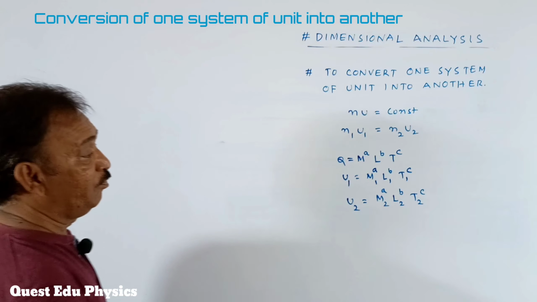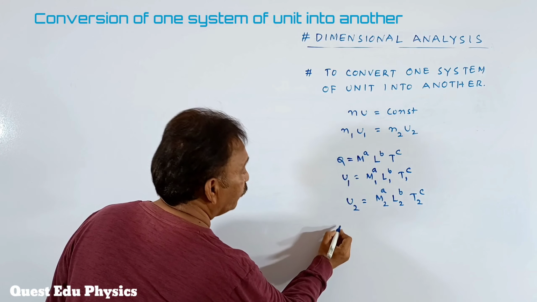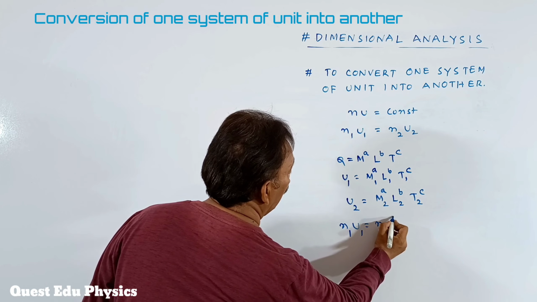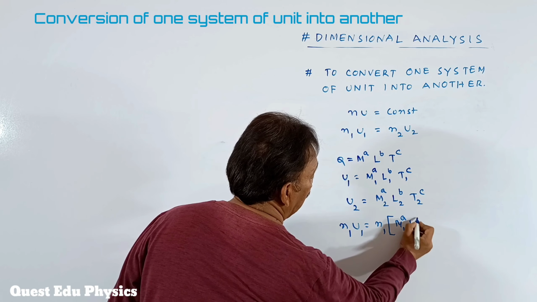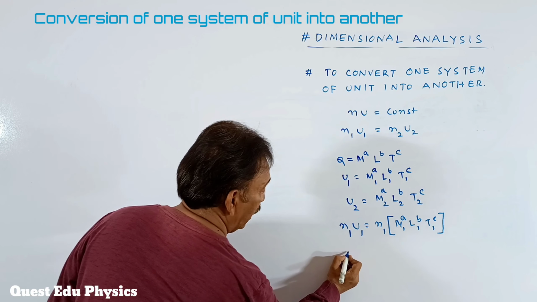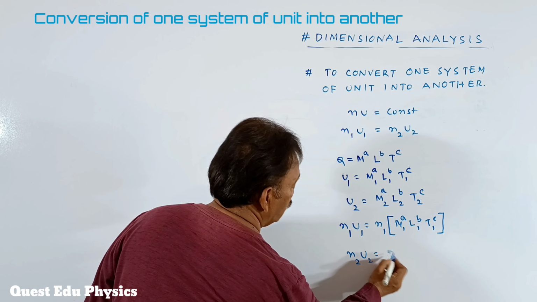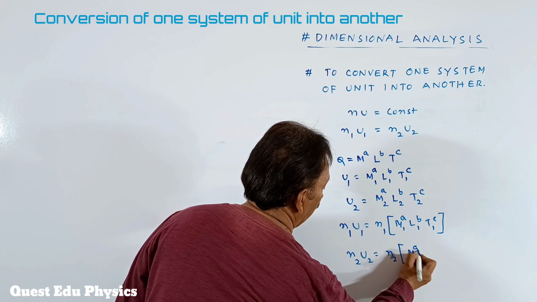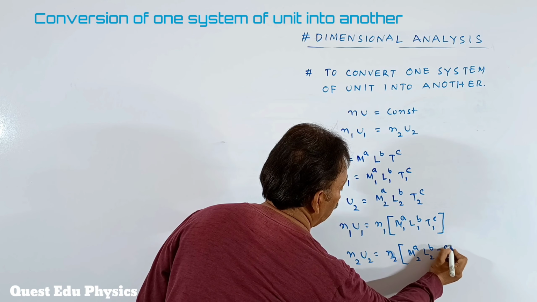Okay, students, and we are multiplying with the numerical value, the magnitude. Then we can write n1 u1 as n1 of M1 to the power of a, L1 to the power of b, T1 to the power of c, and also n2 u2 is equal to n2 of M2 to the power of a, L2 to the power of b, T2 to the power of c.